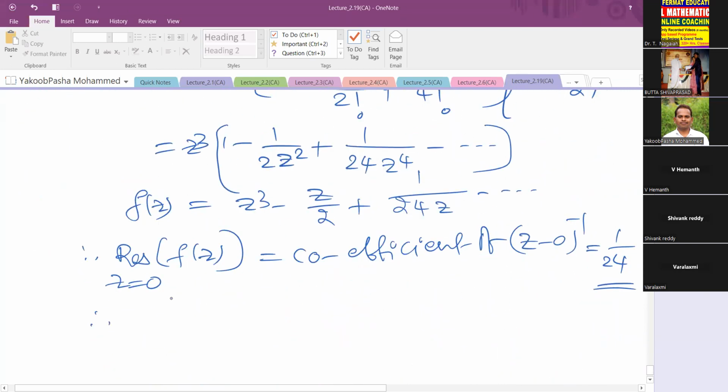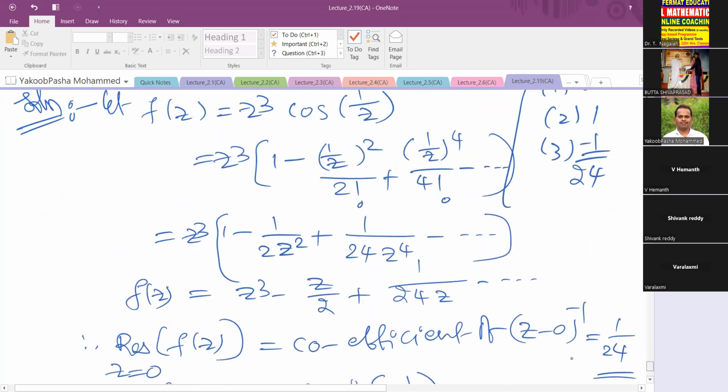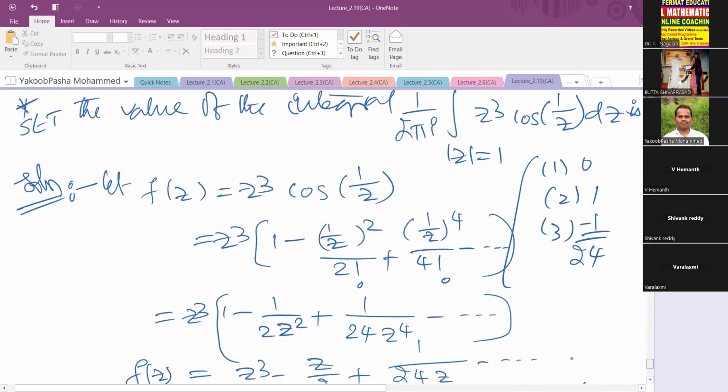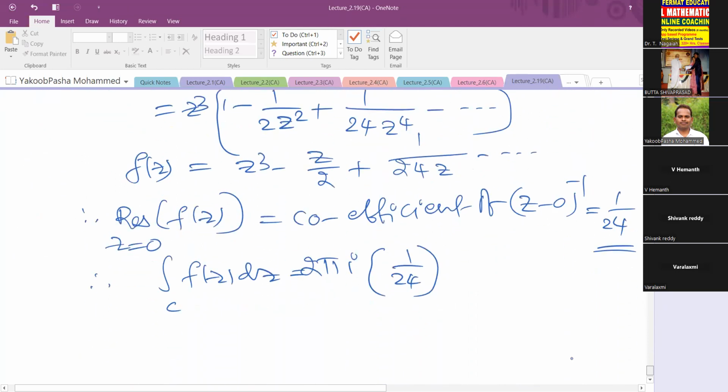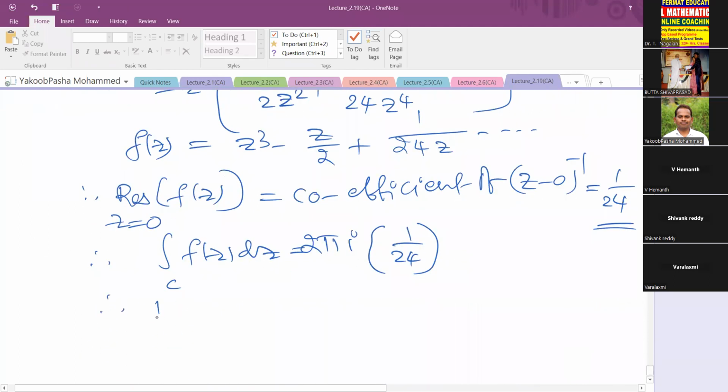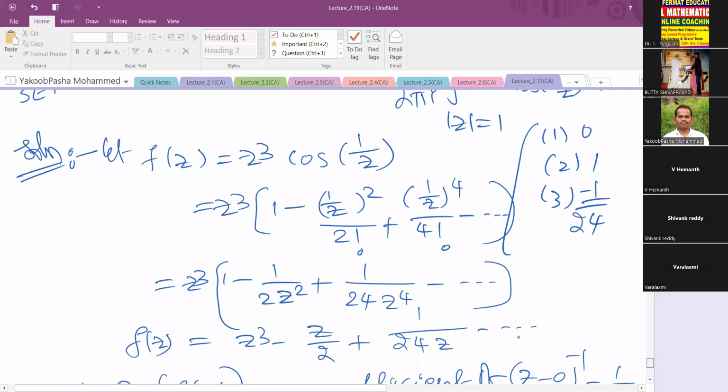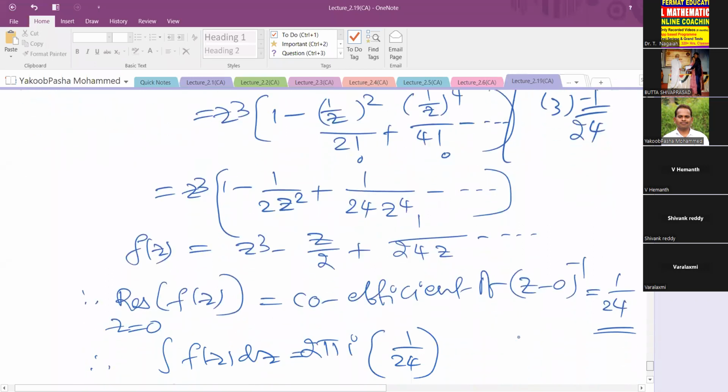Therefore, by the definition of residue, the integral over c of f of z dz is equal to 2 pi i times the residue of the function. But we have to calculate 1 by 2 pi i times the integral over c of f of z dz, which is equal to 1 by 24, where f of z is z cube into cos 1 by z.